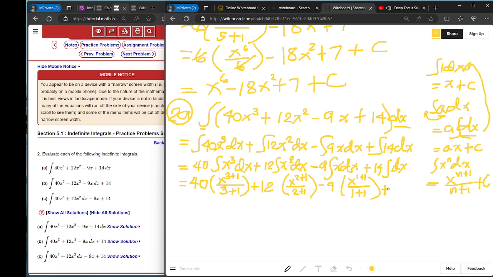Then we have 14 times x, because the integral of dx is just x, and we will have plus c.